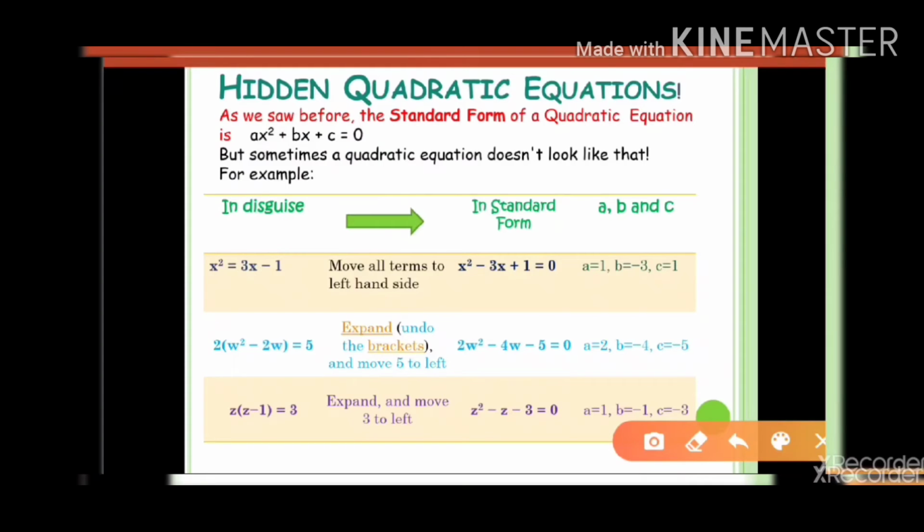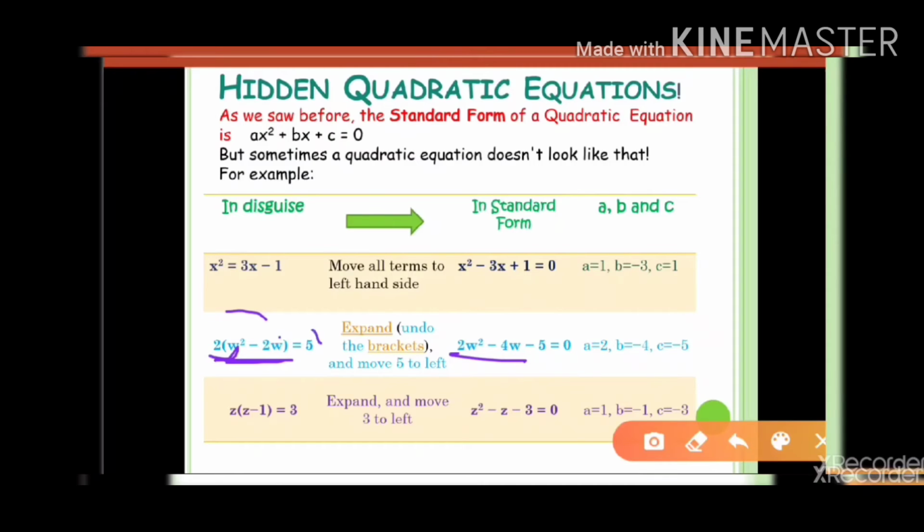Now we take another example. 2 multiplied by w squared minus 2w equal to 5. Now we expand the bracket. When we remove this bracket, we get 2w squared, since 2 multiplied by w gives 2w squared, and 2 multiplied by minus 2w gives minus 4w.